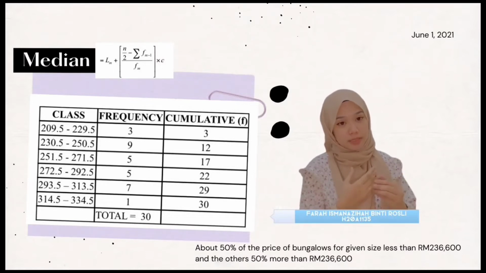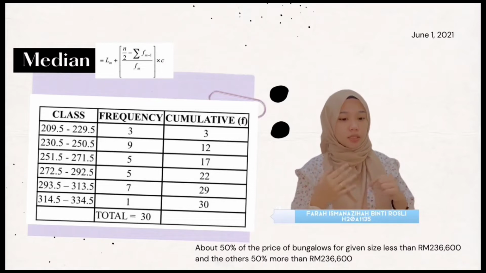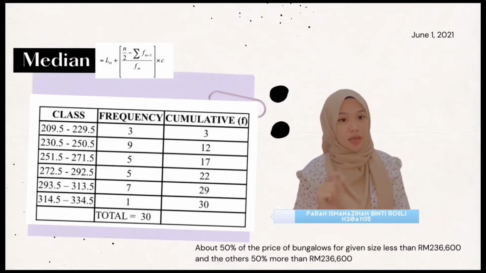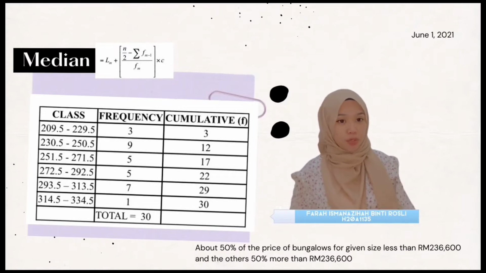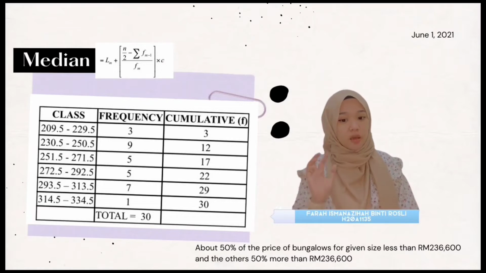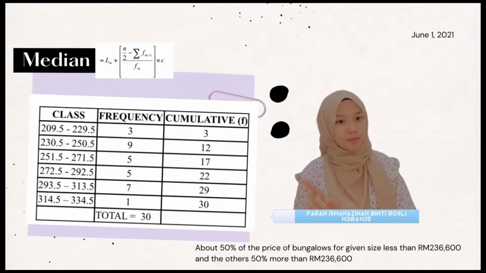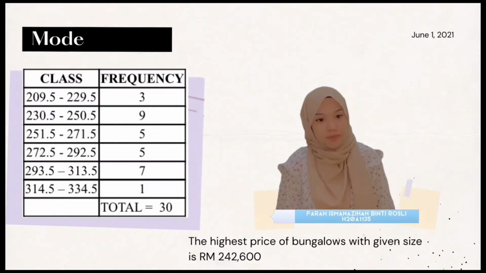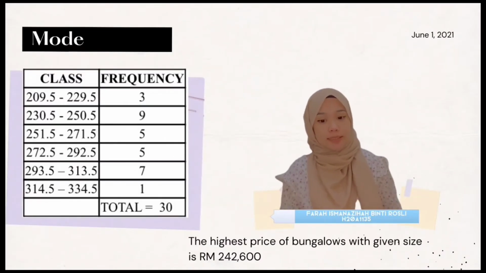From the data we found that the median is 236.6. So 50% of bungalows of the given size cost less than RM 236,000 and the others more than RM 236,000.